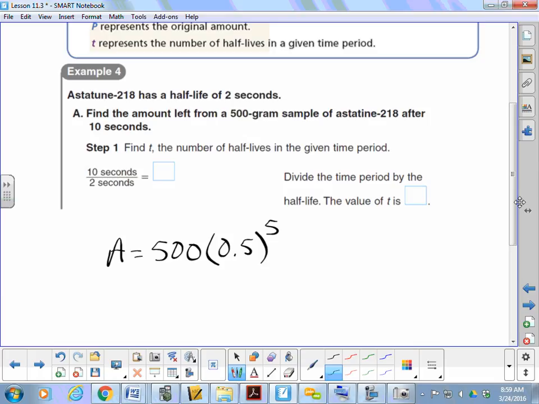T is the number of half-lives that are going to happen, and they got that by doing 10 seconds divided by 2 seconds is 5, and that's the number that's going to go in my exponent.